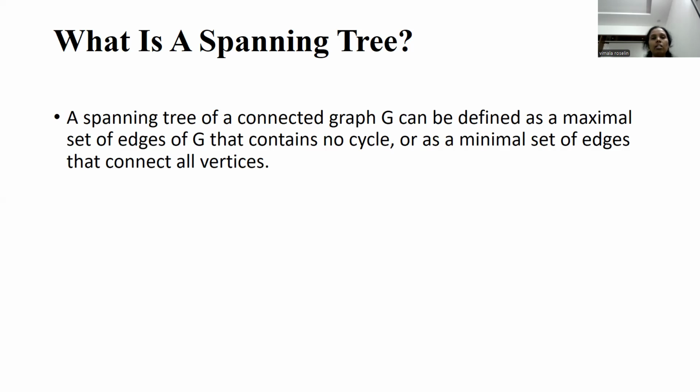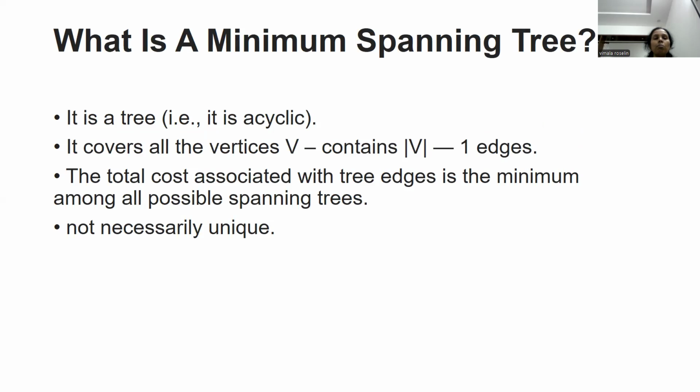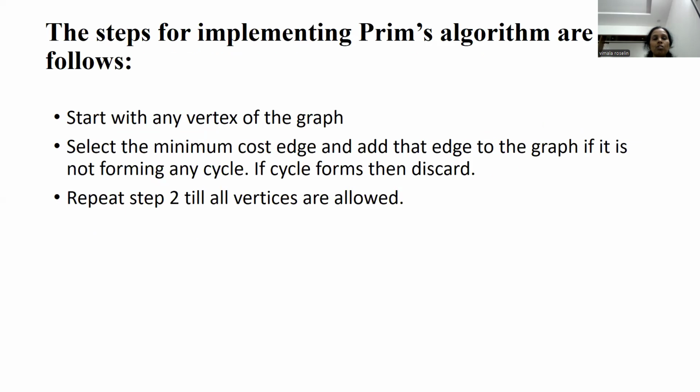A minimum spanning tree is a tree that covers all the vertices and contains vertices minus one edges, and its total cost is the minimum among all possible spanning trees. It is not necessarily unique.